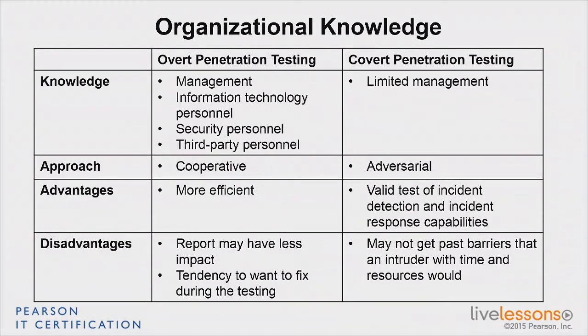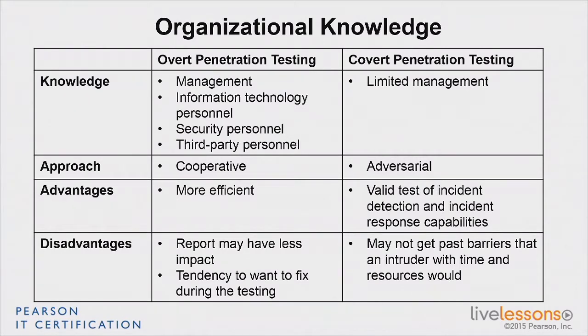In planning a penetration test, we have some decisions about organizational knowledge to make. We can have overt penetration testing or covert penetration testing. If we're doing overt penetration testing, management, information technology personnel, security personnel, perhaps third-party personnel, all have full knowledge that the testing is going to occur, and the approach is very cooperative.